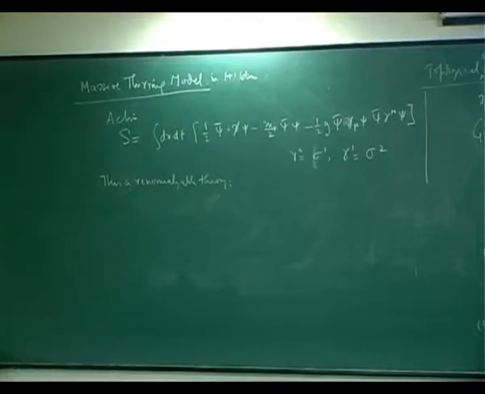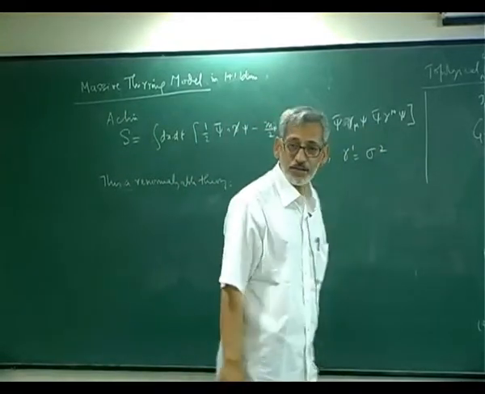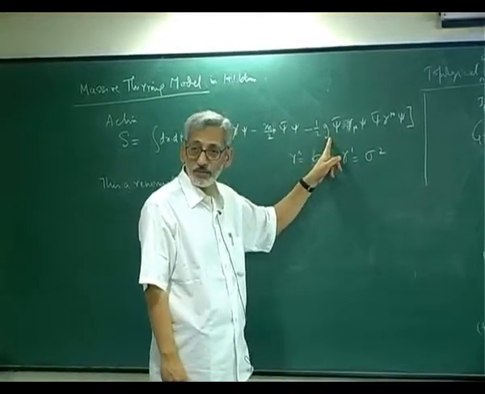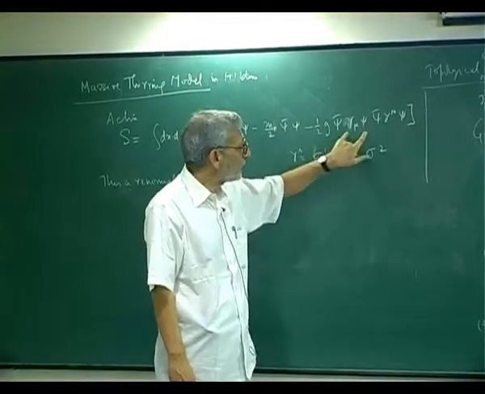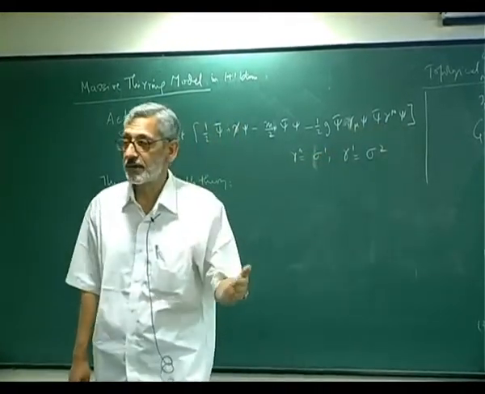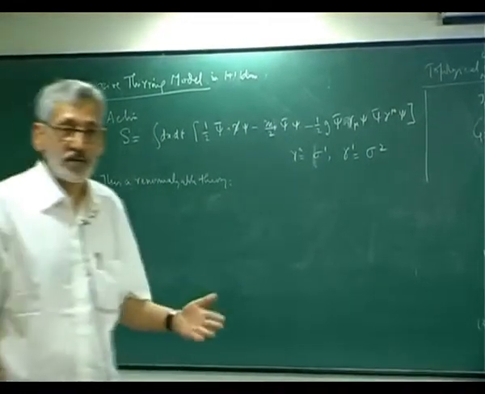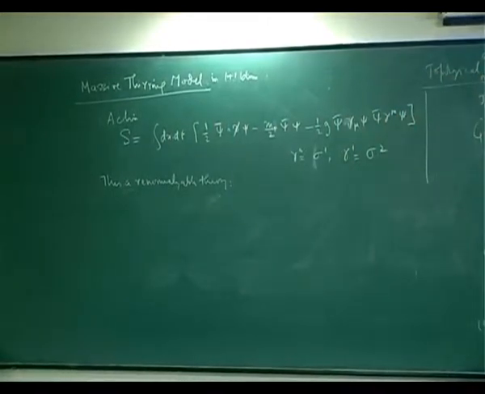You may have heard that for fermion interactions, this is the mass term, this is an interaction term. This G is the interaction coupling, strength of the interaction, and it has 4 fermion couplings. And normally we don't study 4 fermion theories in 4 dimensions, because 4 fermion theories in 4 dimensions are not renormalizable.